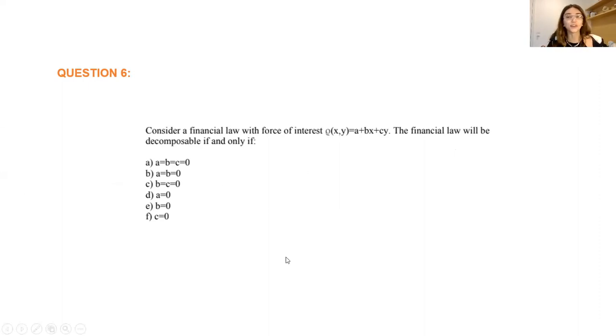You literally have 30 seconds for this one, guys. It's so easy. A very famous theorem that you should know by heart.